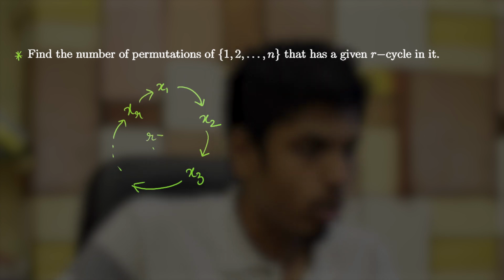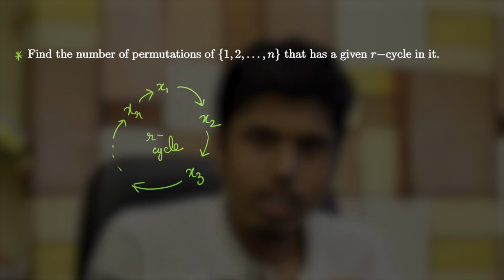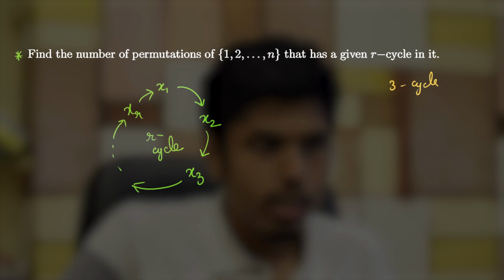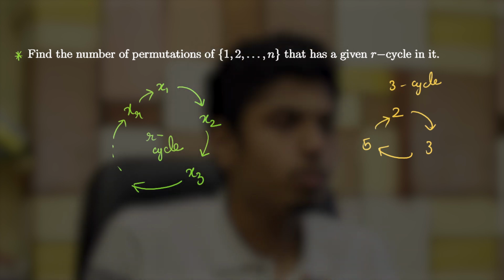This is what we call an r-cycle because it is r in length. Let's say this particular r-cycle is given to us. For example, if you are given a 3-cycle, it may look like this: 2, 3, and 5. So how many permutations of the numbers 1 to n exist containing this?